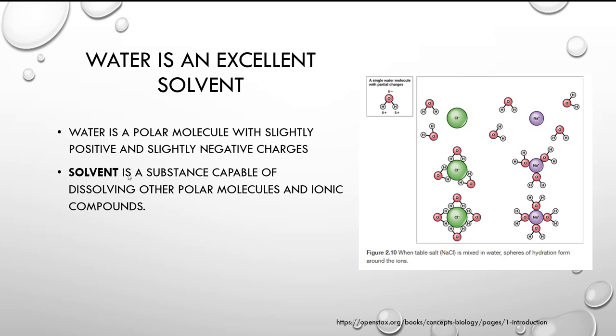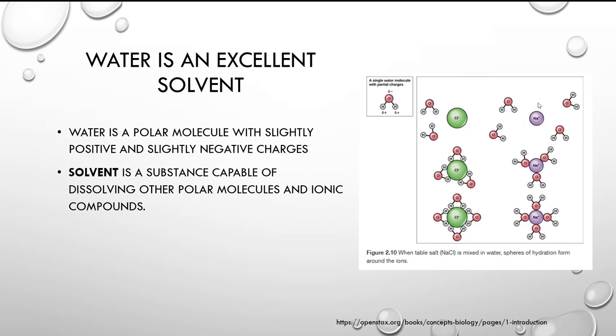So water is a solvent that can dissolve solutes, the things that are dissolved within the solvent to make a solution. So for example, we have NaCl. Remember in our last video, we talked about NaCl.